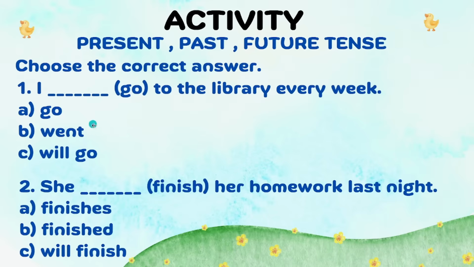Is it A, B, or C? Okay, I blank go to the library every week. So, what is the correct answer here? I, what? Alright, it's going to be letter C. Okay, wait, let's check.